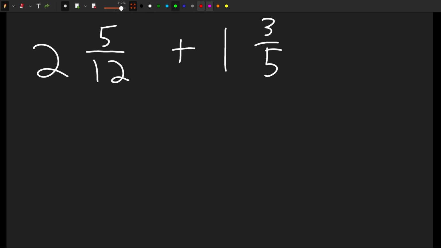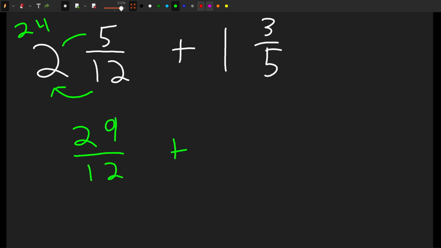So we need to convert them from mixed numbers. 12 times 2 gets us to be 24. Adding the 5 will get us a 29. So we'll have 29/12. And then on this side, 1 times 5 gets us a 5. Adding the 3 gets us an 8. And so we have 8/5.